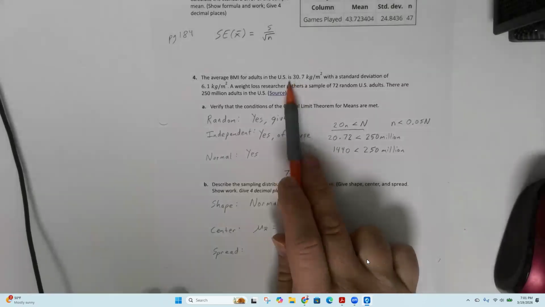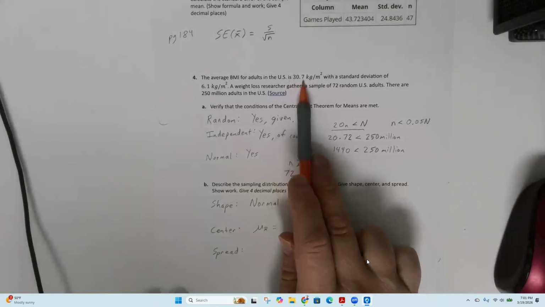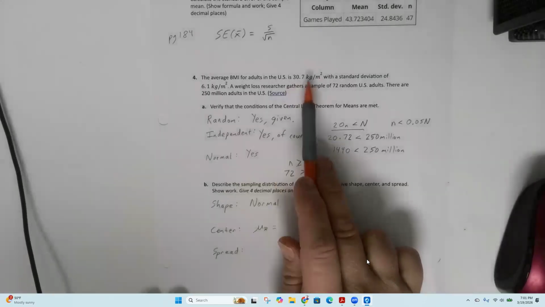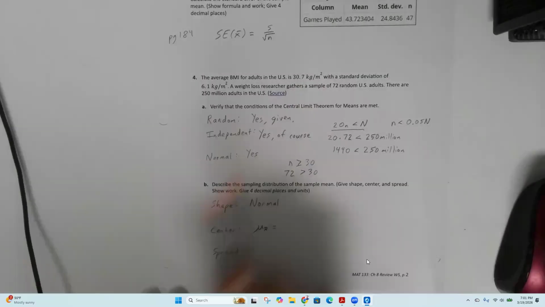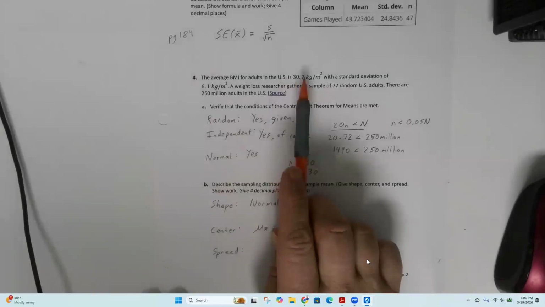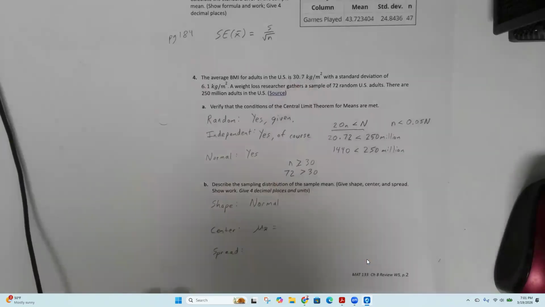Is the true population mean 30.7? No, that is the sample mean, but maybe it's 30.8, maybe it's 31, maybe it's 30. We're close enough that we can be sure the medicine we're creating is going to be valuable.